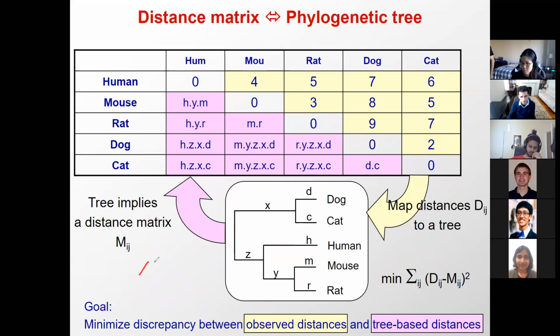Okay, so instead of having a random path between any pair of them, I can say, wow, it seems that the distances are indeed sampled from a tree.